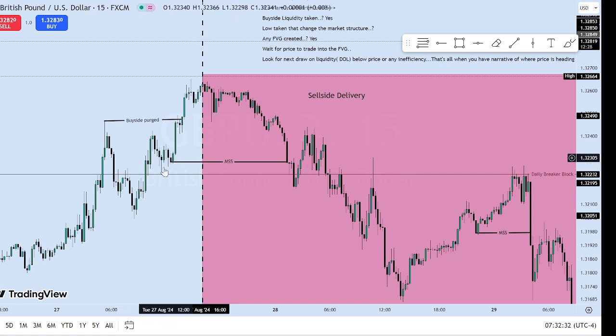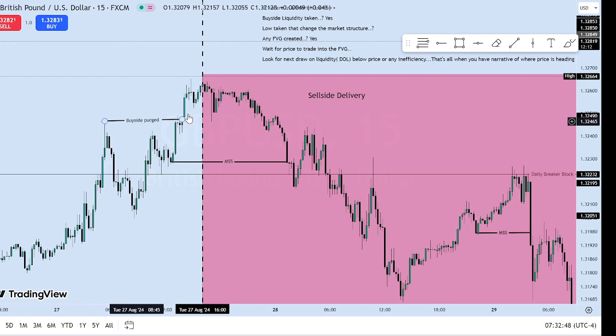Here is the last up-close candle of the bearish move that went up to take out this buy side liquidity. Here is the movement, the low that started it. So it's the last up-close candle standing as an order block.